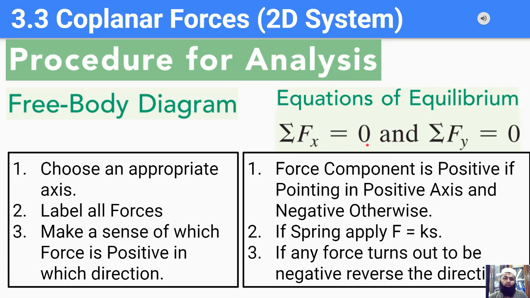Once we solve for the forces, if the force component comes out positive, that means our initial guess was correct and the force is actually in the direction we assumed. But if the force magnitude comes out negative, that just implies our initial guess was not correct and the actual force is in the opposite direction.